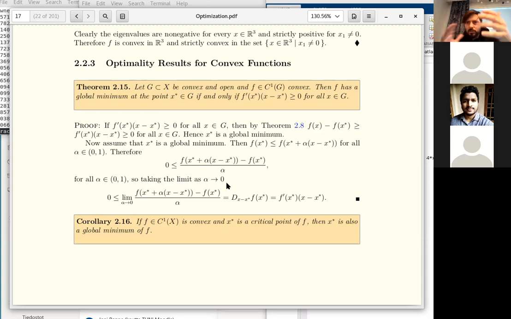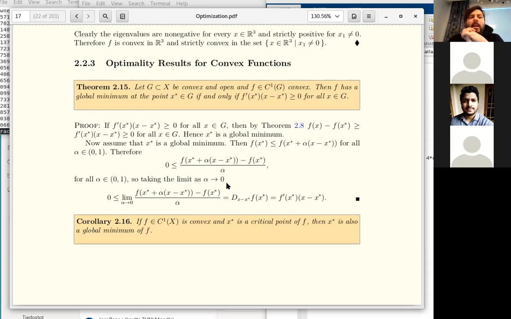If our region is convex, and we have a function that is continuously differentiable and convex in that set, I tend to say well behaved for a function that is continuously differentiable. So it doesn't have sharp edges, and it doesn't have infinities, right? So it's continuously differentiable, at least inside that set.